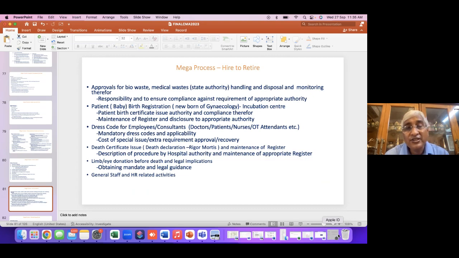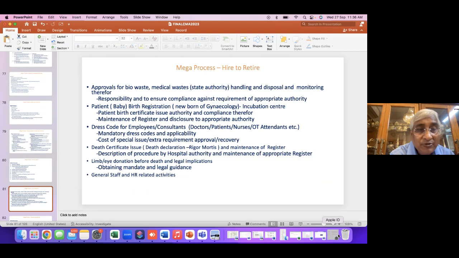So all this facility should be there so that in appropriate time, with less hassle, the patient can get the certificate for the newborn without any difficulty. That is again a service which is provided by the hospital having these gynecological departments.